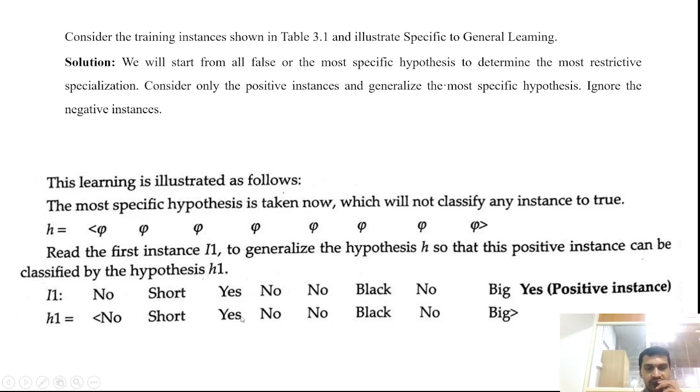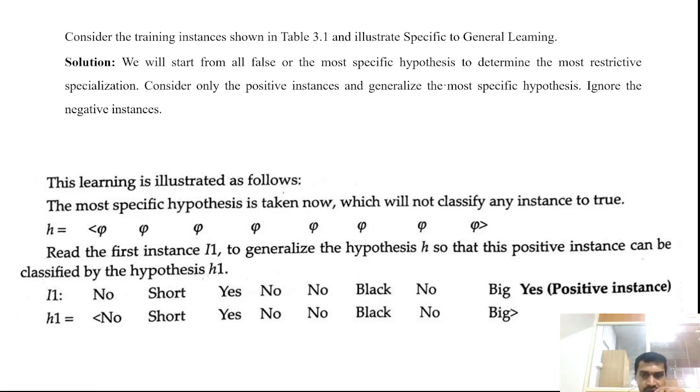Before the first example, I will explain the concept of generalization. Once we define the specific hypothesis of phis, whatever positive instances come, we define the hypothesis with that positive instance's specific terms.